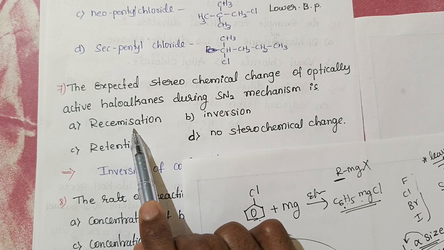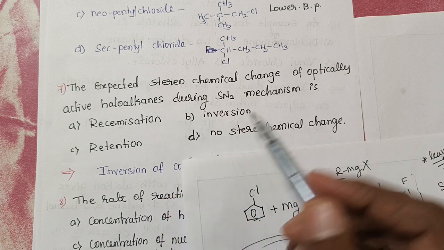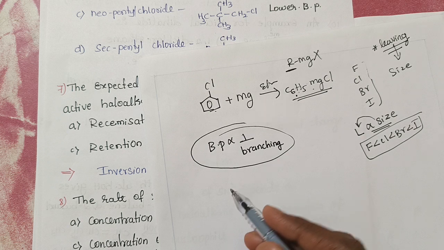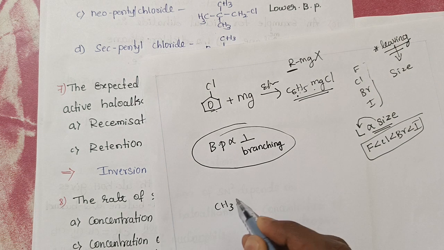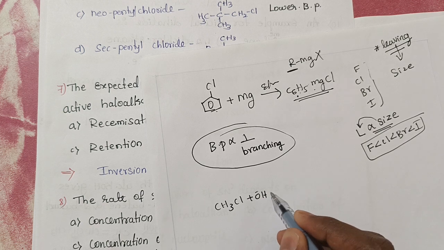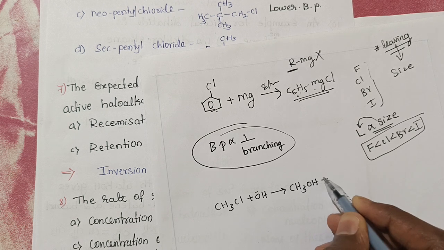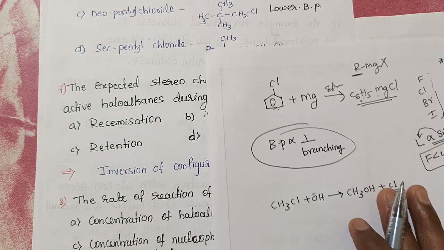The options are racemization, inversion, retention, and no stereochemical change. See, the SN2 reaction is only one step. Here methyl chloride, when reacted with the nucleophile OH minus, forms methyl alcohol, and chlorine is liberated.